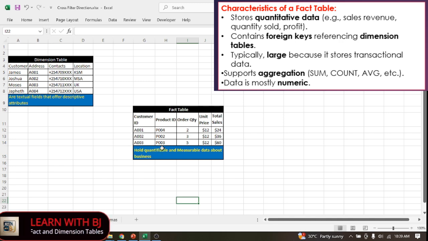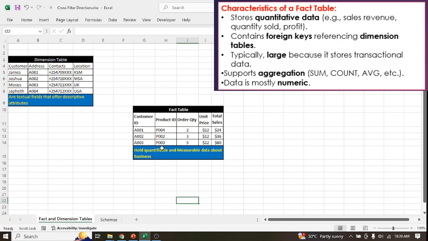And then another characteristic is that the fact table supports aggregation. Like now we have order quantity. We can get the total orders within a given period based on the number of orders within that period per customer or per individual.